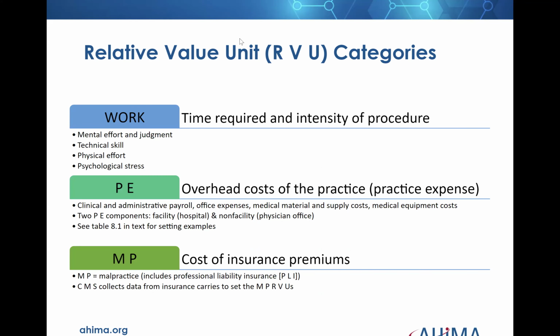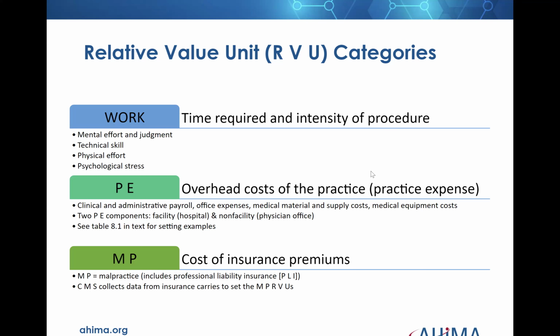So what goes into an RVU? Well, basically, we are looking at the type of mental effort and judgment, technical skill, physical effort, psychological stress, time and intensity, all these other things. And then within that, we have the practice expense.